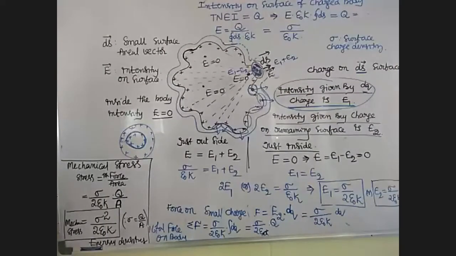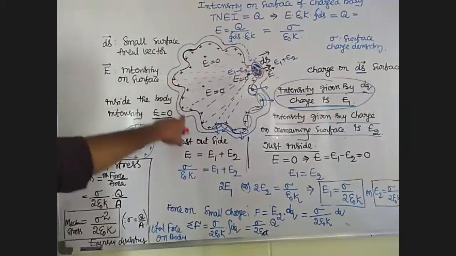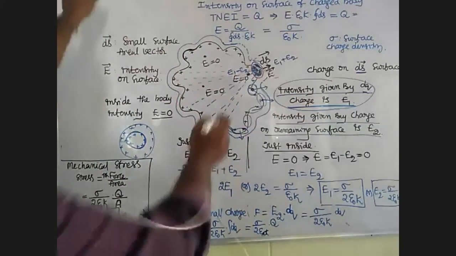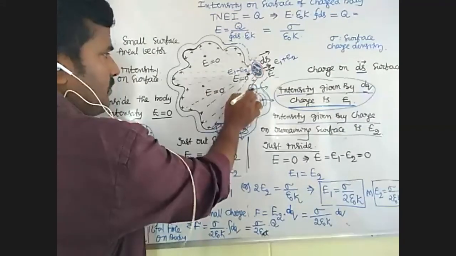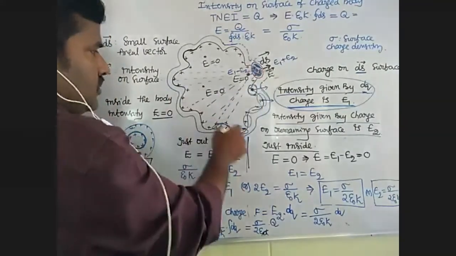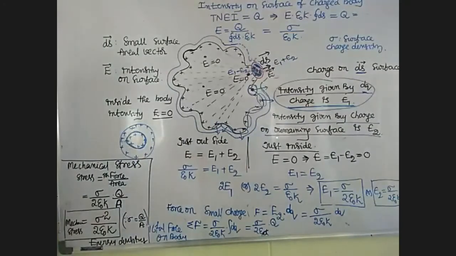The condition is, suppose charge is provided to any body. In that condition the body size increases. This is called mechanical stress or energy density. The size of the body increases due to the remaining charges applying force on it.